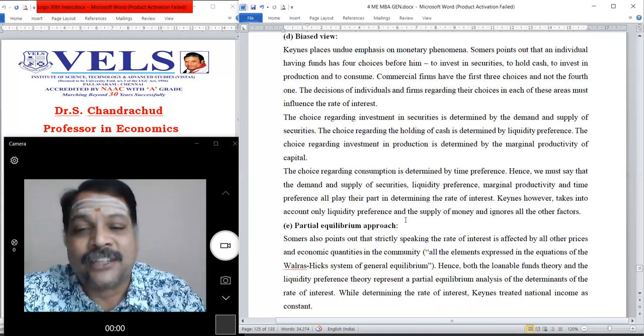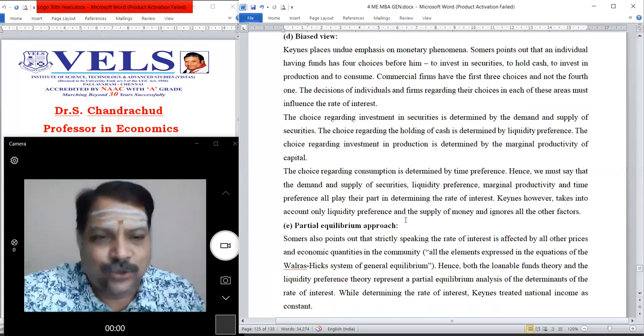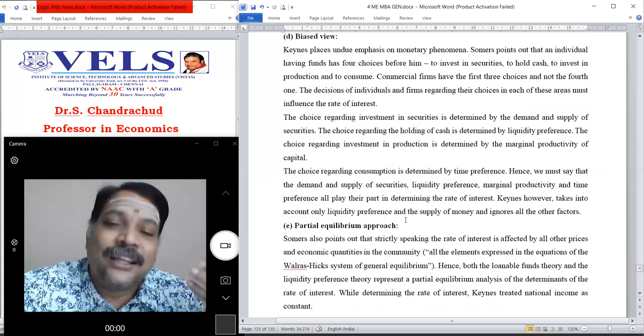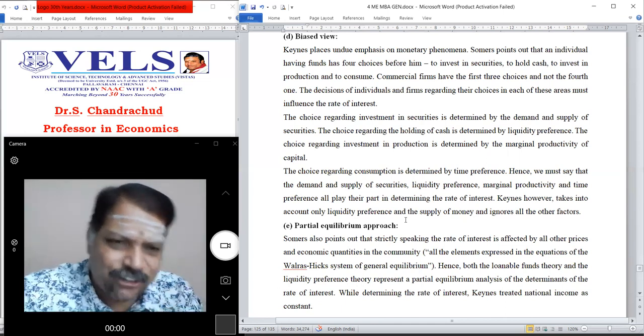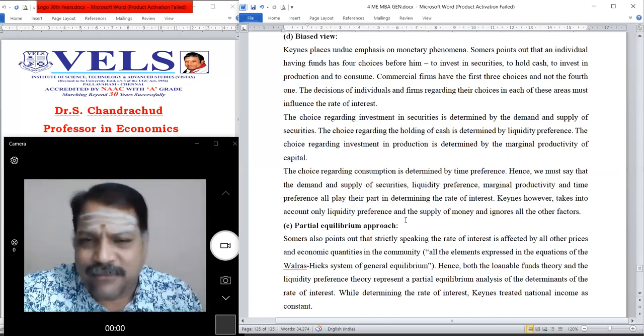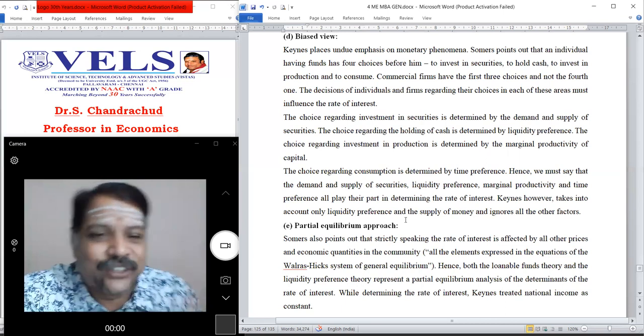The choice regarding consumption is determined by time preference. Hence, we must say the demand and supply of securities, the liquidity preference, the marginal productivity, and the time preference all play their part in determining the rate of interest.